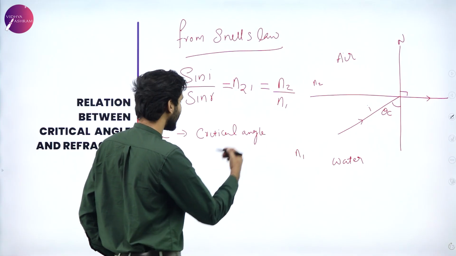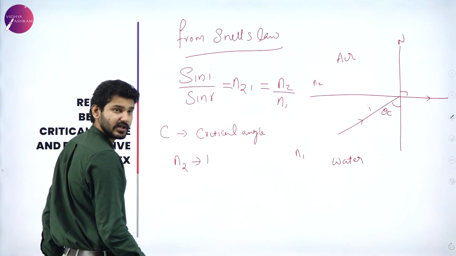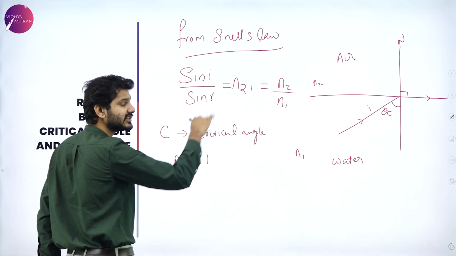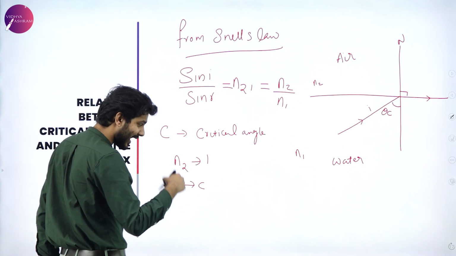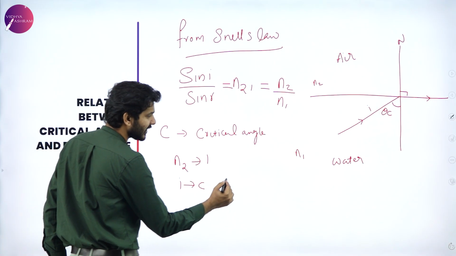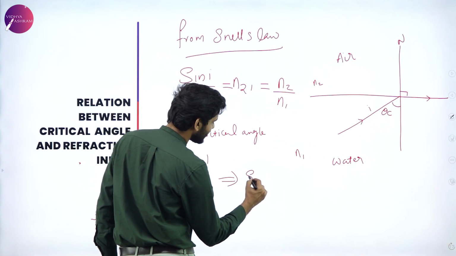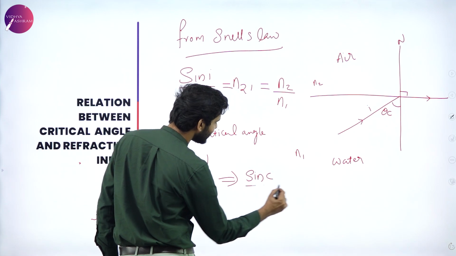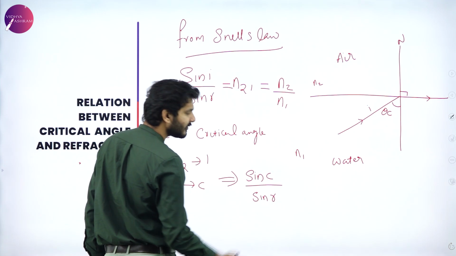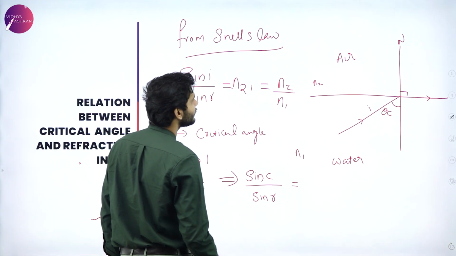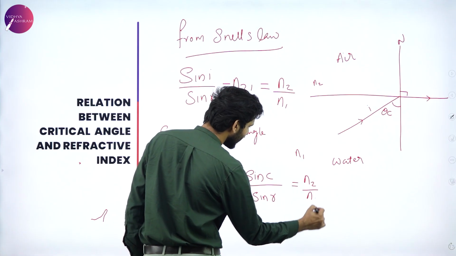So we do know that the refractive index of air is 1. So then this particular equation becomes, as i tends to be C, we can actually say that this equation can now be written as sine C divided by sine R is equal to N2 by N1.